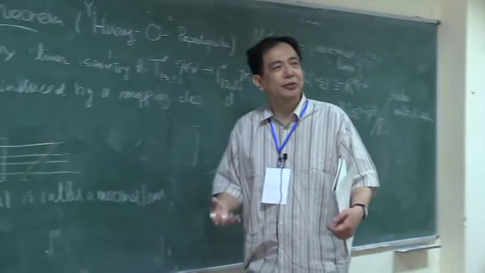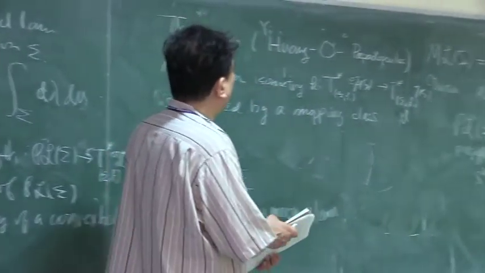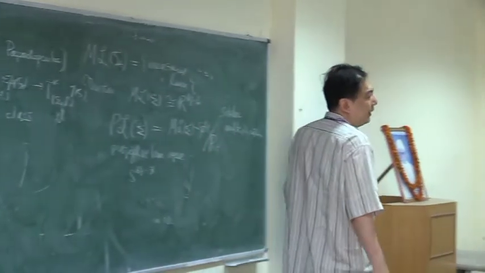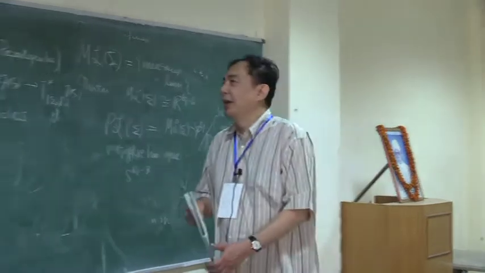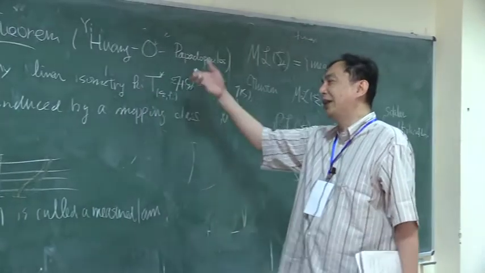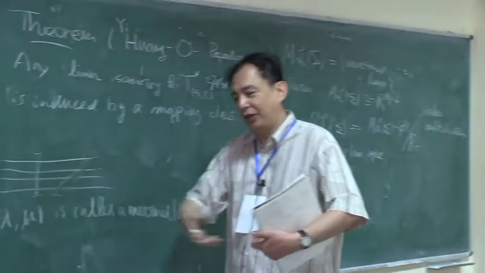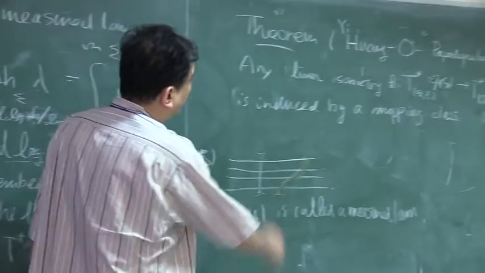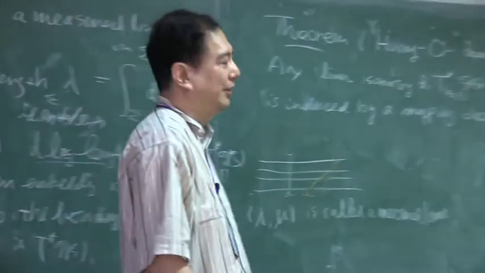The norm was induced by the Teichmüller metric at that time. But now we have a norm coming from Thurston's asymmetric metric. And the assumption is the same. Just suppose that you have a linear isometry. Then it comes from the mapping class.